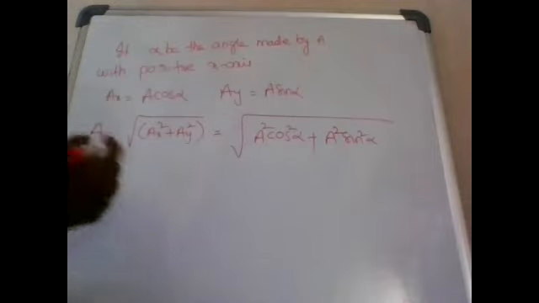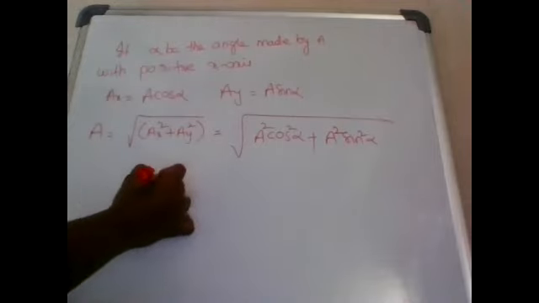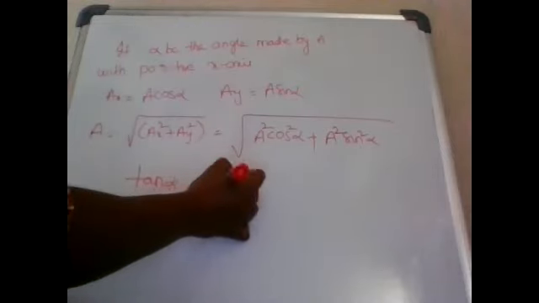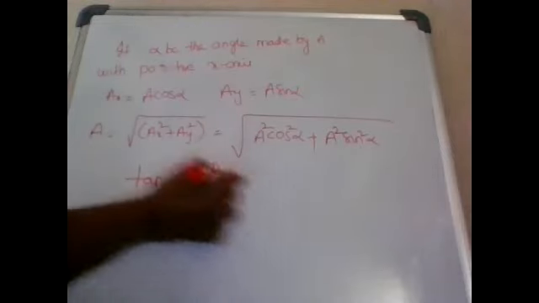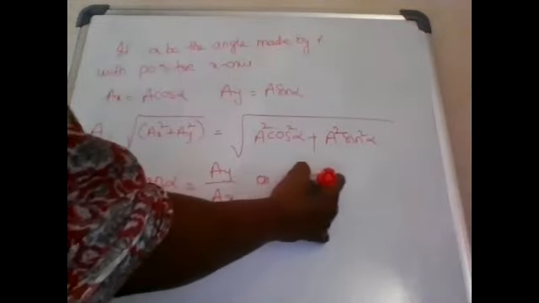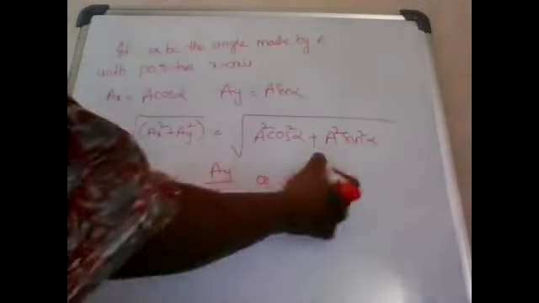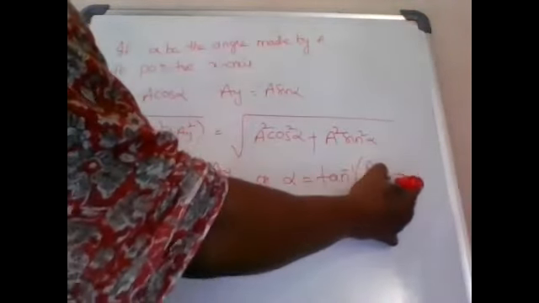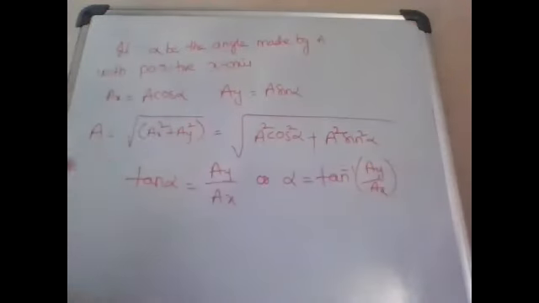And from the diagram, tan alpha equals A suffix y by A suffix x. From this, alpha equals tan inverse of A suffix y by A suffix x.